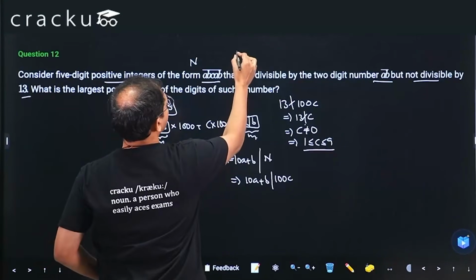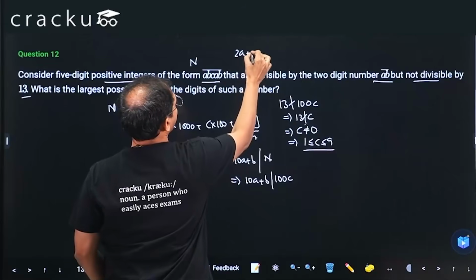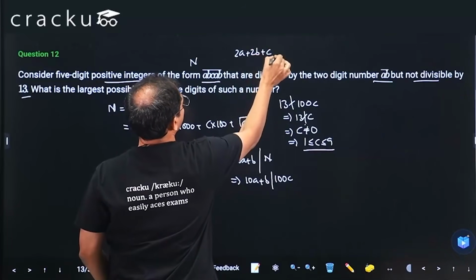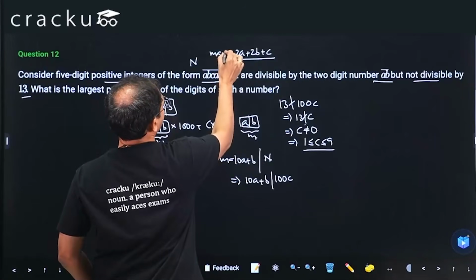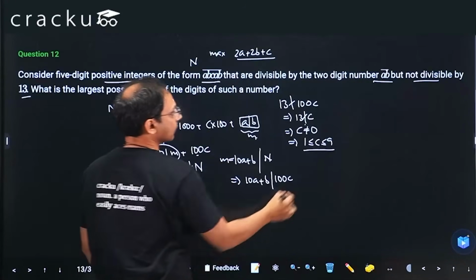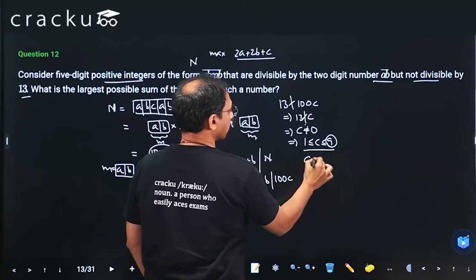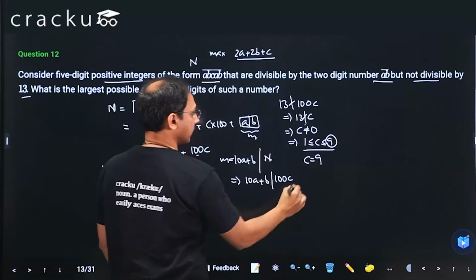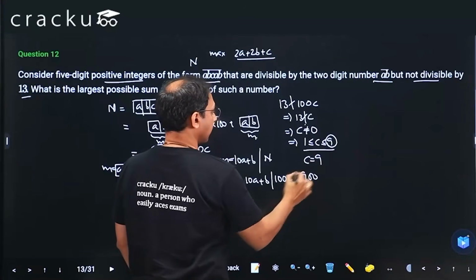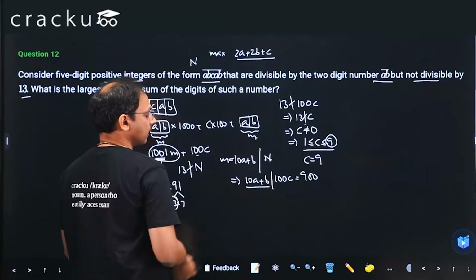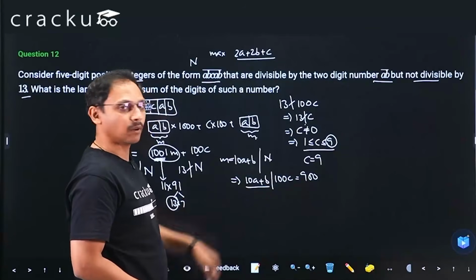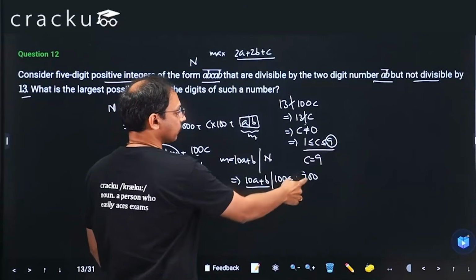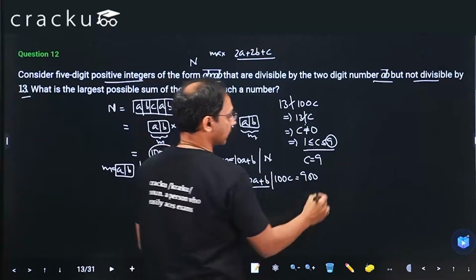The sum of the digits is 2A plus 2B plus C, and we want the largest possible value. So we want to maximize this. First we will maximize C. Put C equal to 9. This will become 900. So I need the 2-digit number which is a factor of 900, and the sum of digits should be largest. So let us focus on factors of 900.